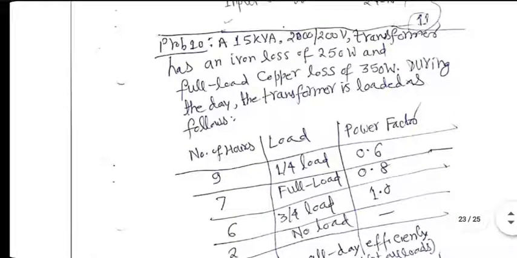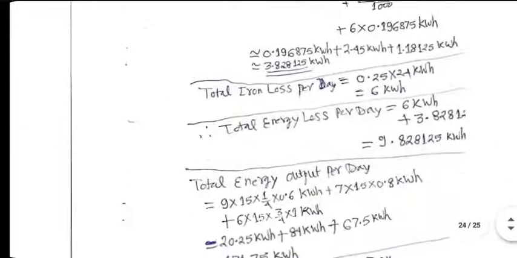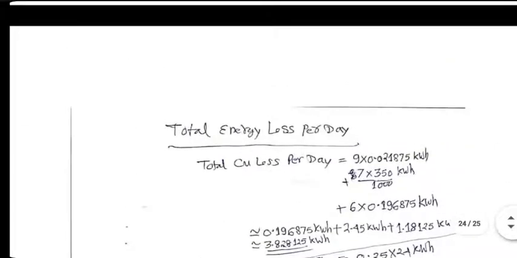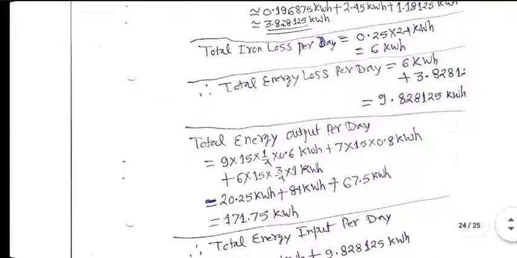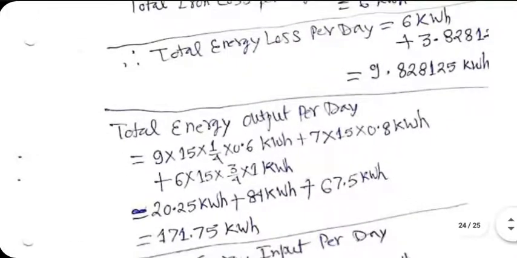So 15 kVA multiplied by 0.8, and it's full load now, so no correction is required in that sense. 15 into 0.8 into 7. Full load, so no correction required here.